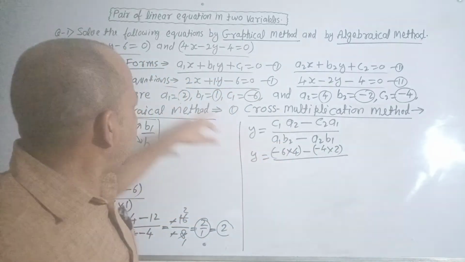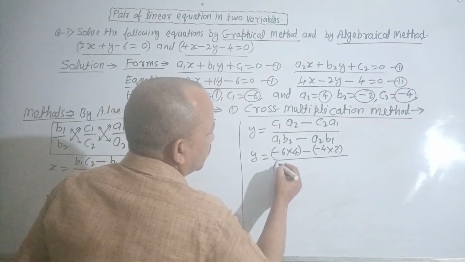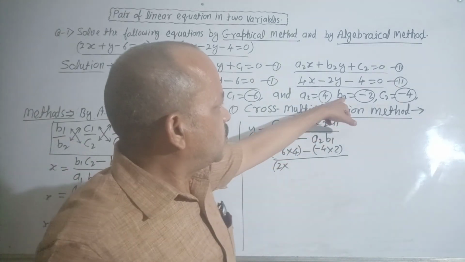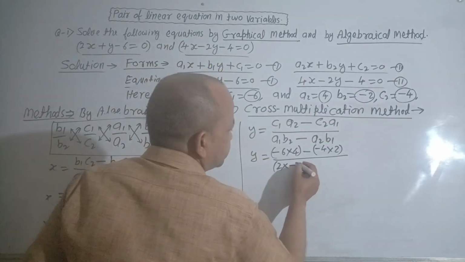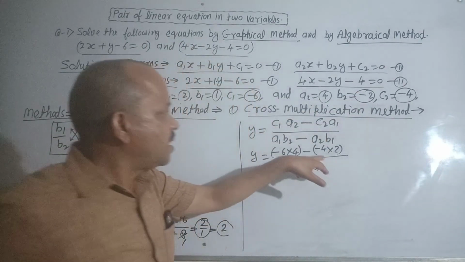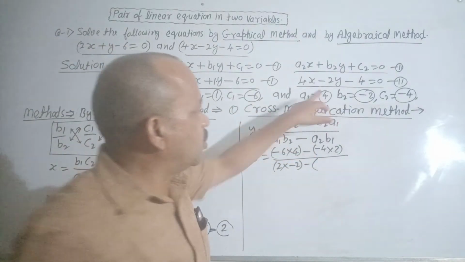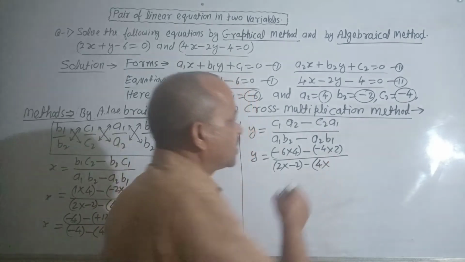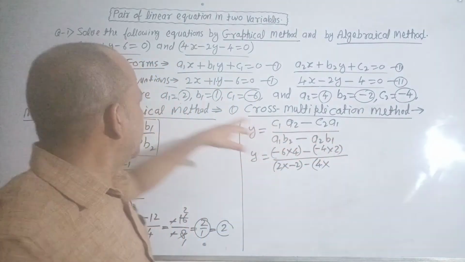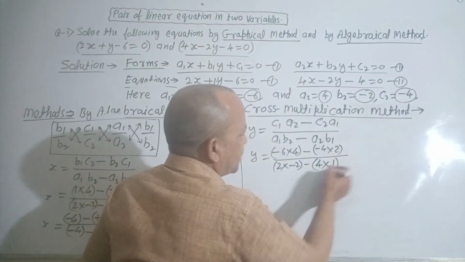A1 b2: a1 means 2, b2 minus 2. A2 means 4, b1 means 1. Solve it.